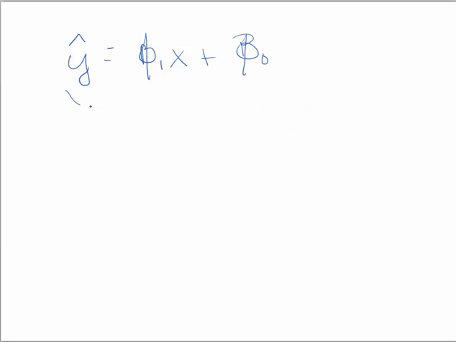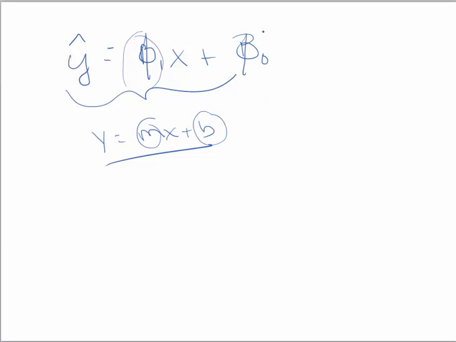Mathematically, you should recognize this equation, right? This is essentially just an equation for a line, where beta 1 is the slope, and beta naught is where our y value crosses the y-axis.